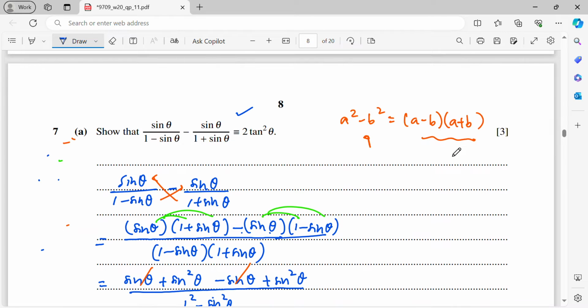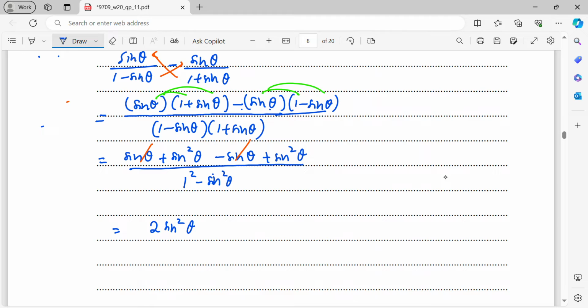Now look at the question over here. You need to get tangent. So it means that now for the 1 minus sine squared theta, I need to change to another form, which is using the identity. So the identity is sine squared a plus cos squared a is 1. So now you are getting 1 minus sine squared, so it means that I move the sine squared to the right side.